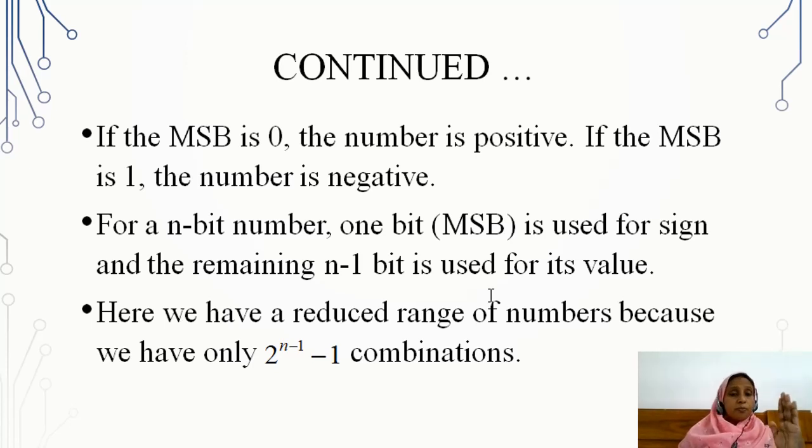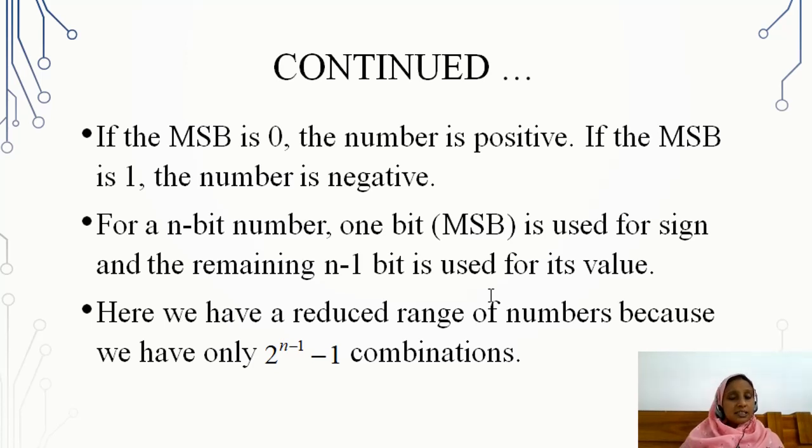Now, if the leftmost bit, the most significant bit, is 0, the binary number is positive. If the MSB is 1, the number is negative. So, in the case of an n-bit number, one bit is used as the sign bit, that is the most significant bit, MSB. The remaining n-1 bits are used to represent the value or magnitude of the number.